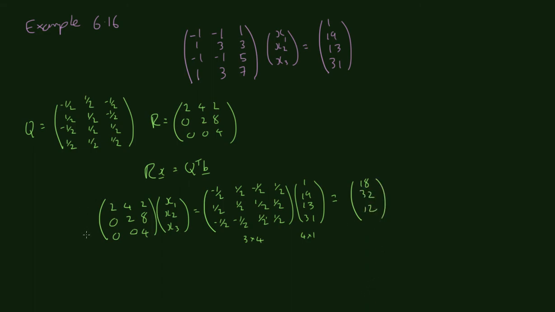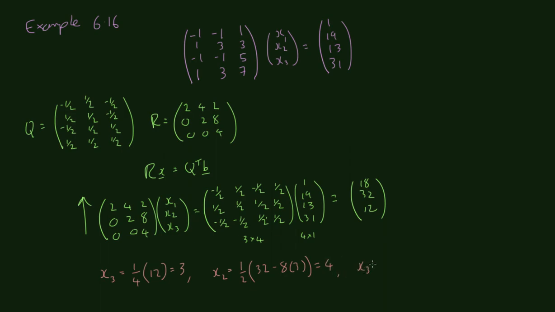Now we use back substitution to solve for x1, x2, x3. Starting with x3, the coefficient of x3 is 4, so we have 1/4, and the right hand side value b3 is 12, so that gives us 3. To solve for x2, the coefficient is 2, so that's 1/2, and we have 32, the second value of b, minus 8 times x3. Minus 8 times 3 is 24, so that's 8 divided by 2, which is 4.